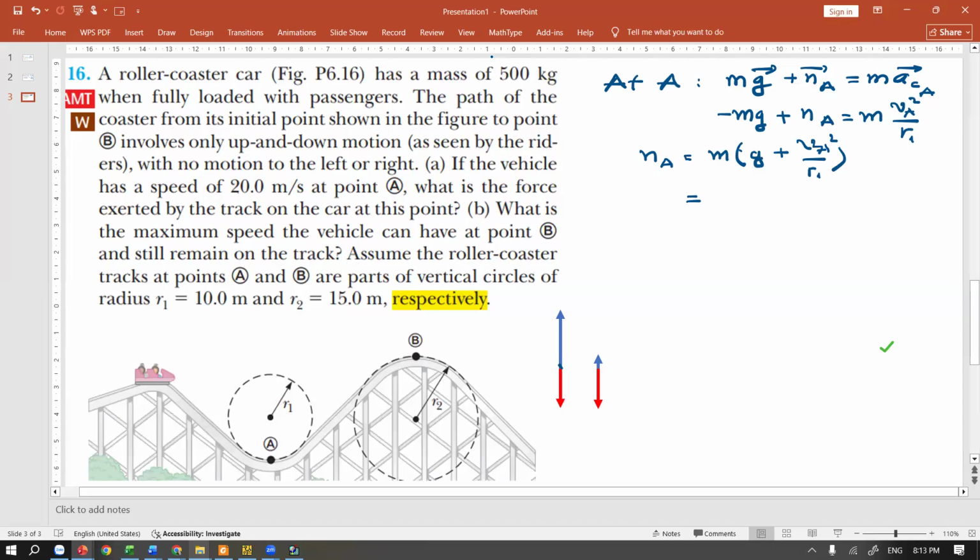So I get here the numerical value of 24900 Newton. Is it okay? Can you check your answer with my answer?